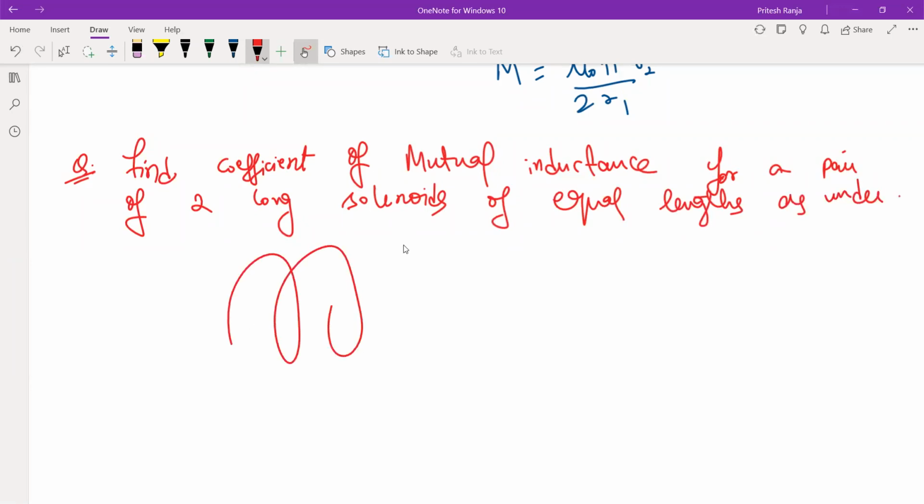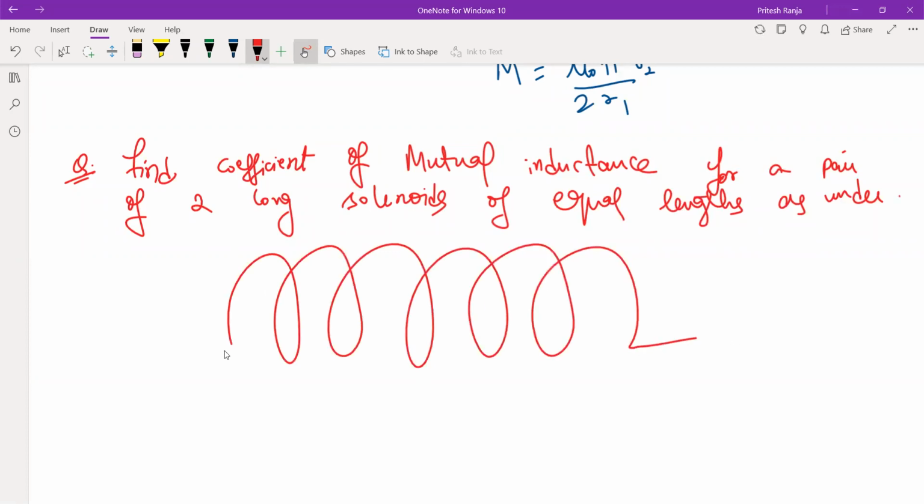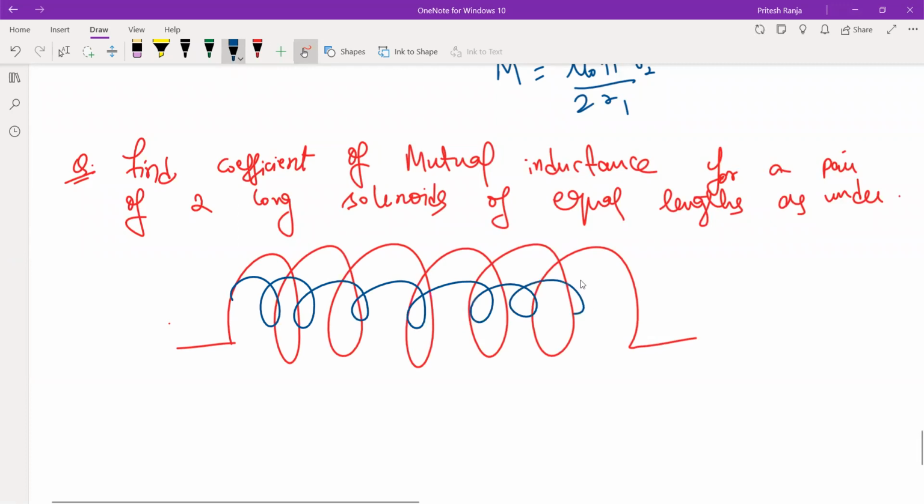One solenoid is like this and the other solenoid is like this. That means their axis is the same. What will be the coefficient of mutual inductance for this?